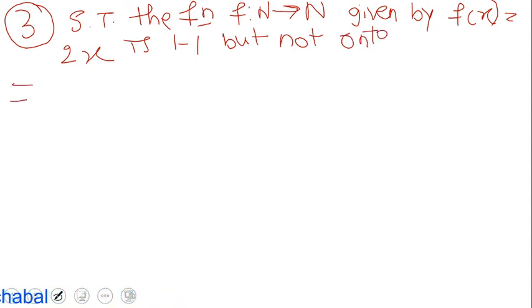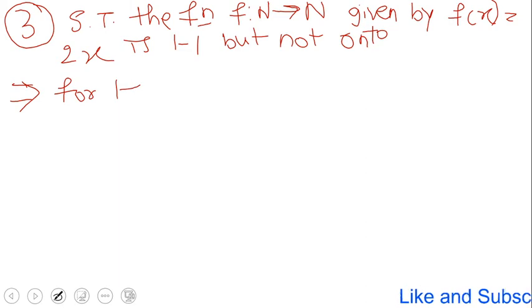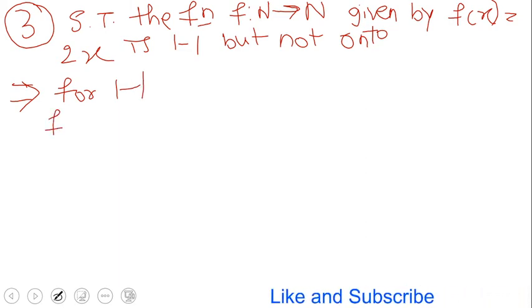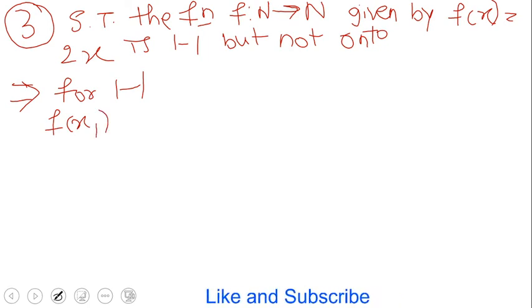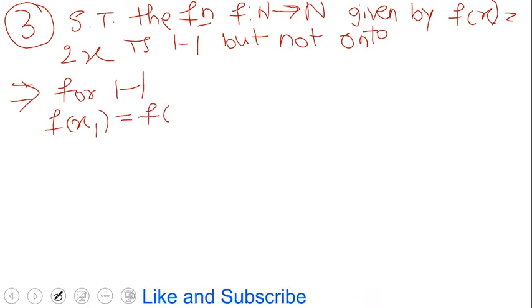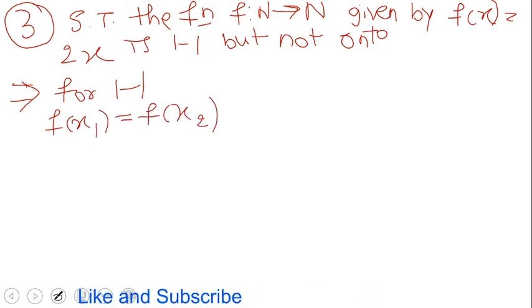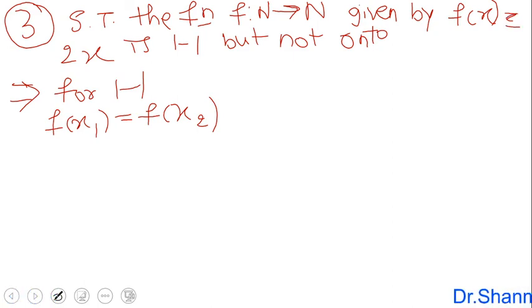So first we will verify the 1 1 function. For 1 1, by definition we have to take f of x1 equal to f of x2. After simplifying, if we get x1 equal to x2, then it is 1 1. So here it is given that f of x is 2x.